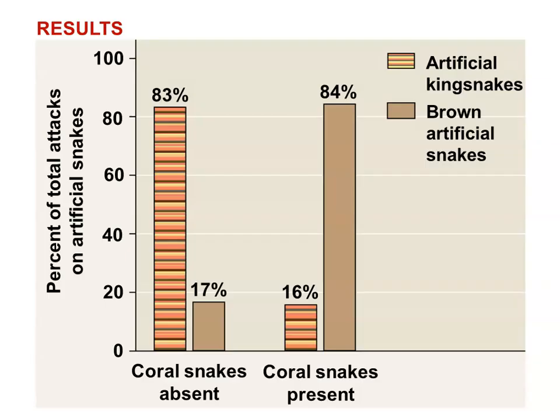So the brown snakes did have a little bit of protection when they were in an area where the coloration did not indicate there was going to be a concern for potential predators. But when the coral snakes were present, their coloration kind of warned off potential predators and they went after the brown snakes instead.